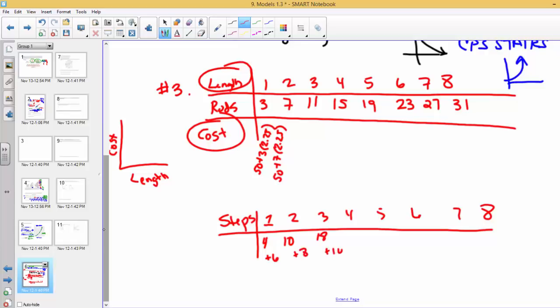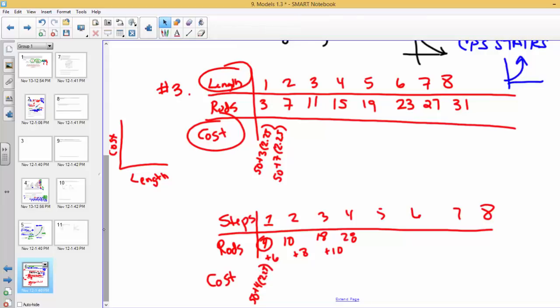Then if you add 10, you get 28. So you're just going to fill out this table exactly like we filled it out for the number of rods. And then you're going to fill in the cost. And it's the same thing. It's that $50 plus 4 for the first one times $2.25.